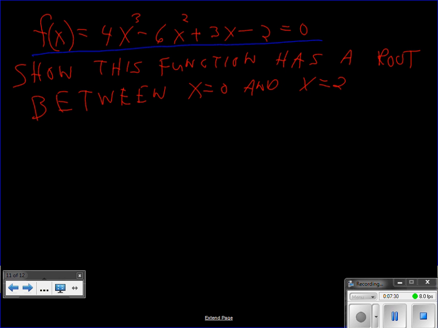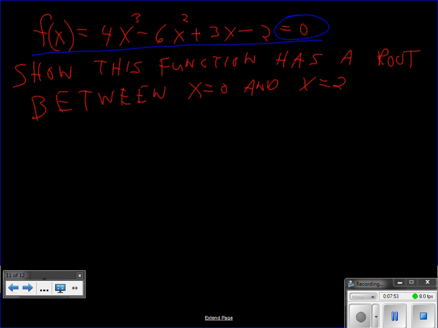We know polynomial functions are continuous. This is a continuous function. It says show this function has a root. A root meaning, well, I actually put the root right here when I wrote it out. The function's equal to this. It having a root means it's equal to 0 between x equal to 0 and x equal to 2.